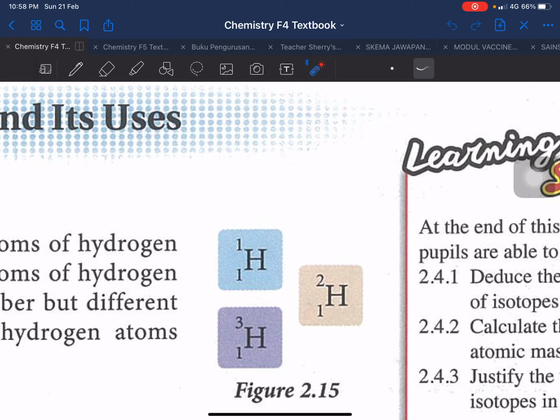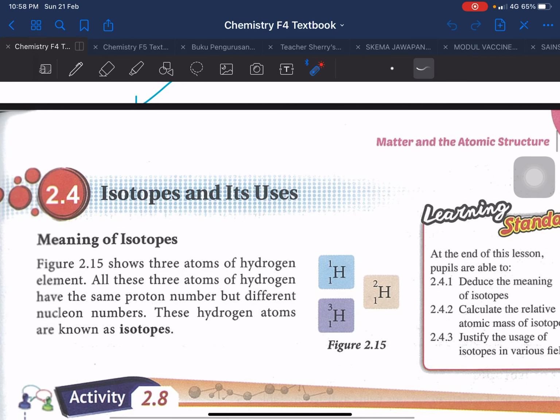So let us look at isotope. Isotope has 1, 1, 1. They have the same proton number, but they have different nucleon numbers. Look at this hydrogen. It has 1 nucleon number. This hydrogen has 2 nucleon numbers, and this hydrogen has 3 nucleon numbers.